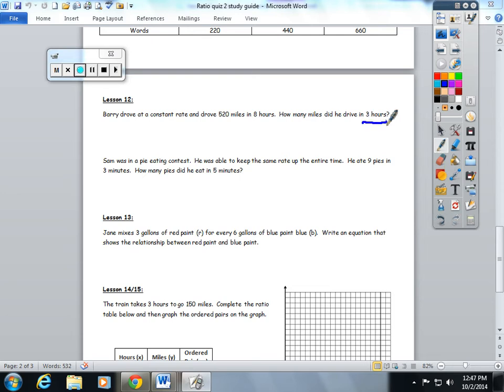Okay, so first you would divide 520 by 8. And that would go into 52 6 times.